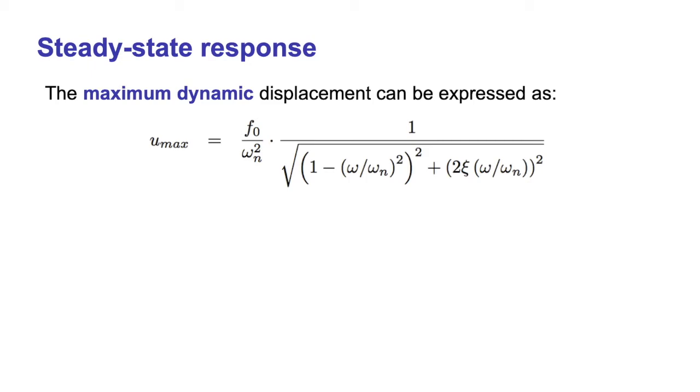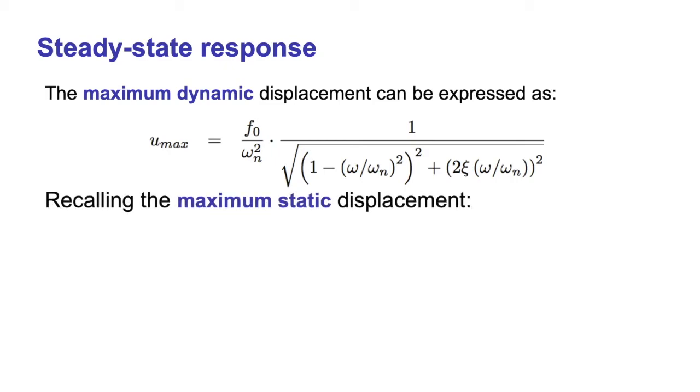This is a function of the mass normalized force F0 divided by the square of the natural frequency omega sub n and multiplied by the inverse of the square root of 1 minus the square of the frequency ratio plus the square of 2 times xi times the frequency ratio.